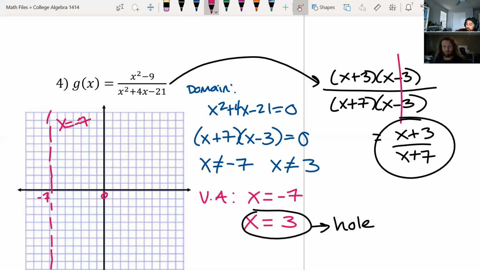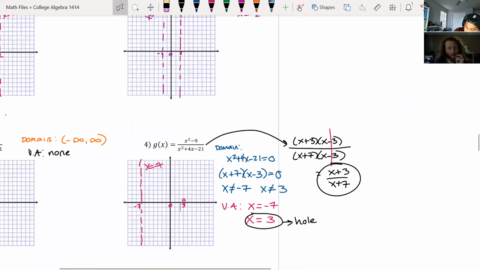And for the hole, you would plug that 3 into this function to find the exact location of where to plot the hole on the graph. And you'd get 6 over 10, or what would that be? 3/5. So 0.6. So at 3, you'd probably have a hole in the graph around there.